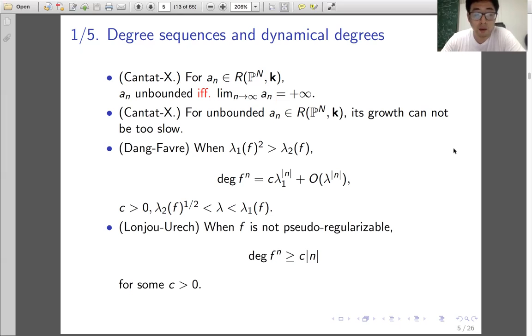And recently also Lonjou and Urech proved that if F is not pseudo-regularizable, then deg(F^n) grows at least linearly. I will not give the definition of pseudo-regularizable, but I think a general F is not pseudo-regularizable.